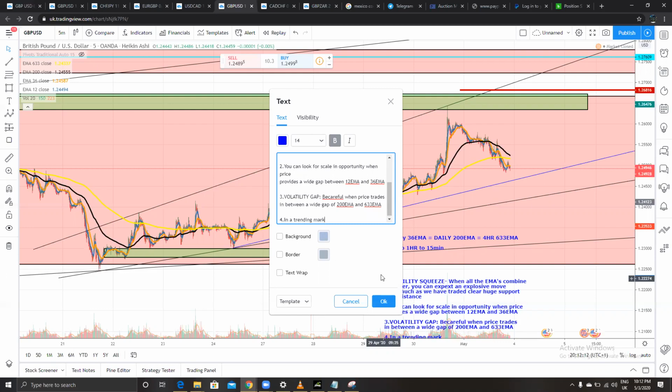And there is a bounce trade as well. The bounce trade is what you see on the 633 EMA when the price is suddenly overbought in a trending market. We discussed that as well.